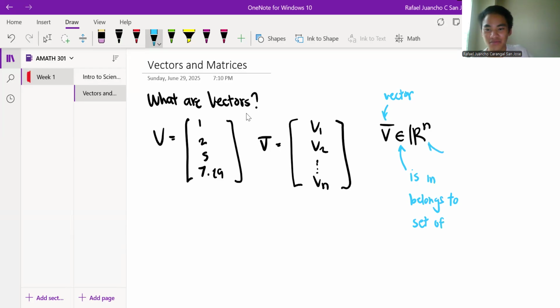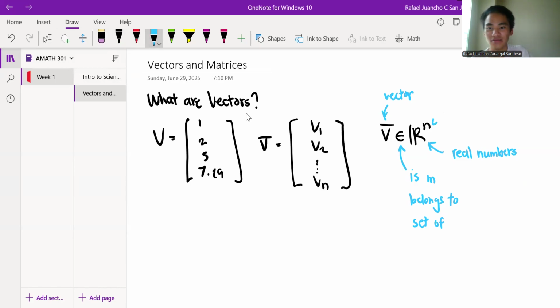And R is the real numbers. We remember that real numbers are any numbers, could be -1, could be 0, could be 500, could be 235, could be 42. All of those are real numbers. Could be a decimal number.